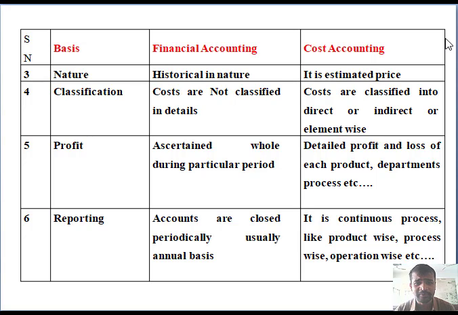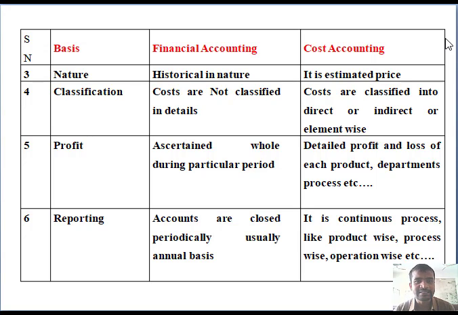Number five difference is profit. Financial accounting ascertains profit for the whole business during a particular period. But in case of cost accounting, it gives the profit and loss account of each product, each department or each process separately.